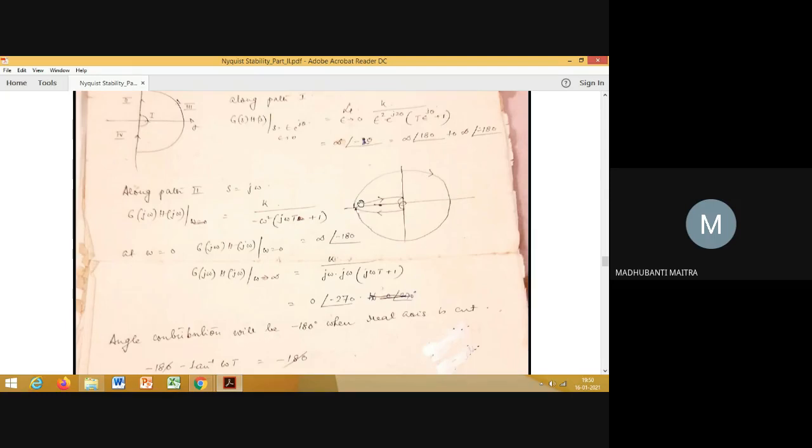Again, if I blow up this portion, have you understood this? Yes, ma'am. I know it's a bit difficult. So the path is moving from this particular point to this particular point. This is the starting point and this is the end point. Is that clear?